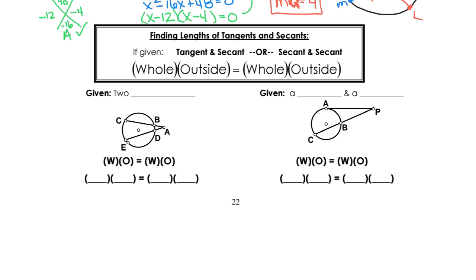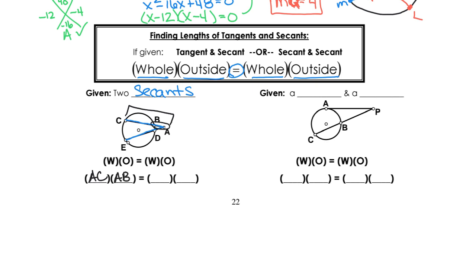So this is two secants. And the formula says whole times outside equals the whole times the outside. So if we're looking at this secant here, the whole thing from beginning to end would be called AC, and the outside part of it is just this little piece, which is called AB.